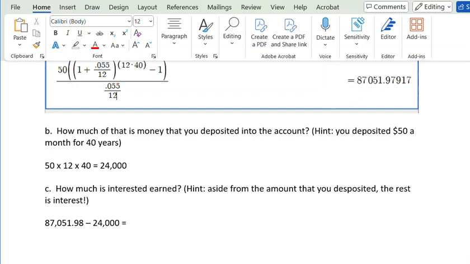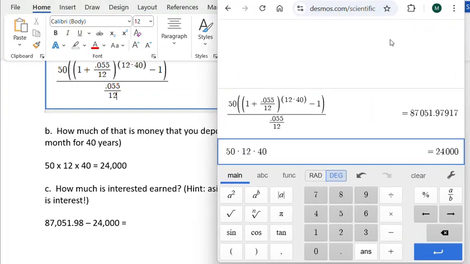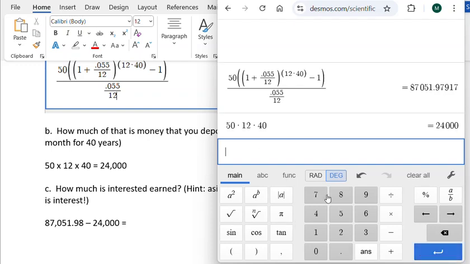I can do that on my calculator. And I get $63,051.98. So a good portion of that money that I have in that retirement account is from earning interest.